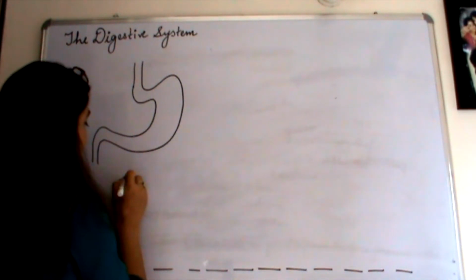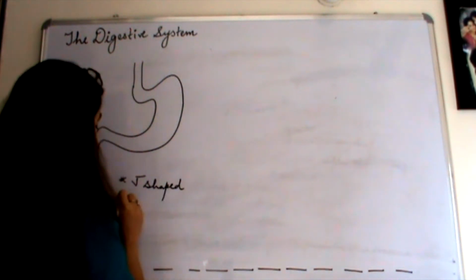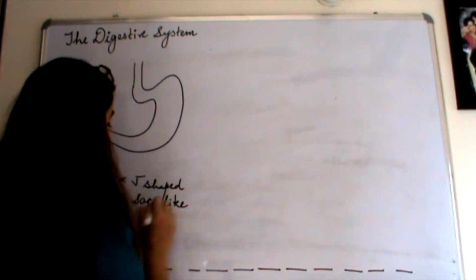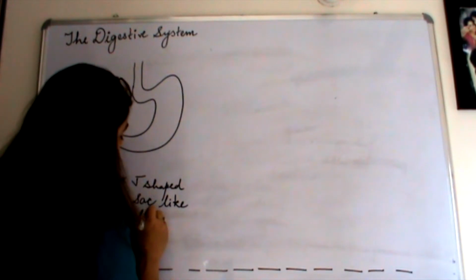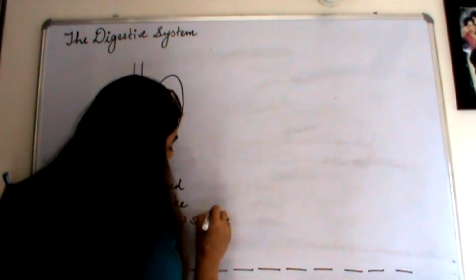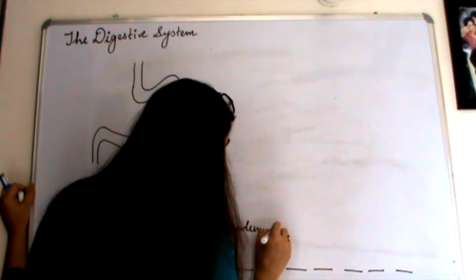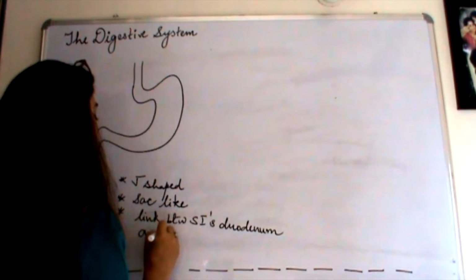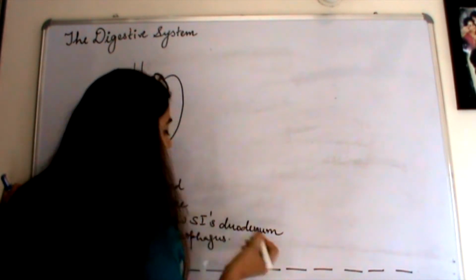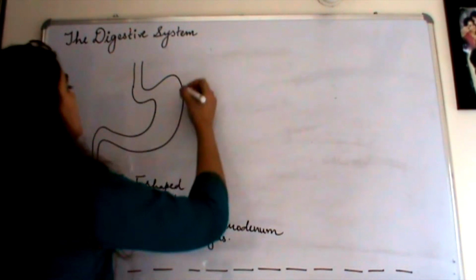You can write down the special features. This is a J-shaped, sac-like structure, a link between the small intestine, duodenum, and the esophagus. As we've already studied this, it's acting as a common link between them. Right? So this is the stomach.